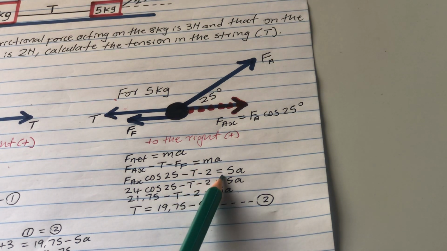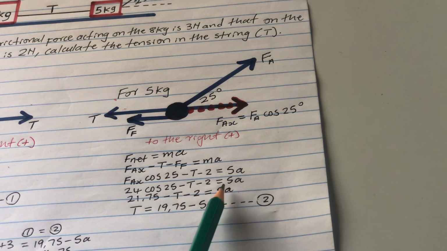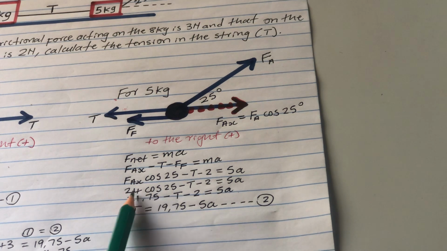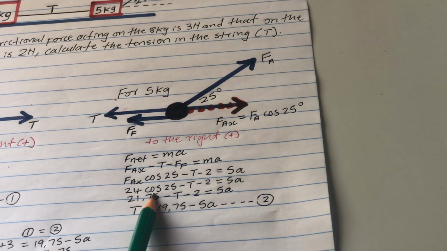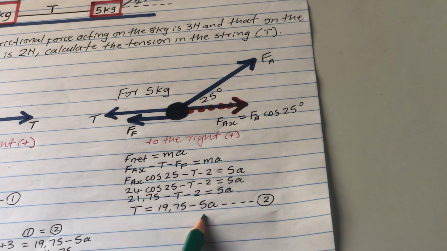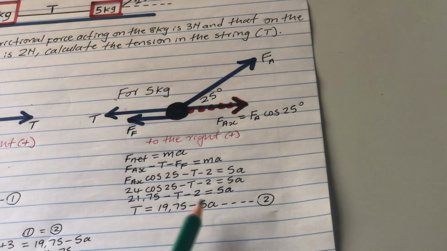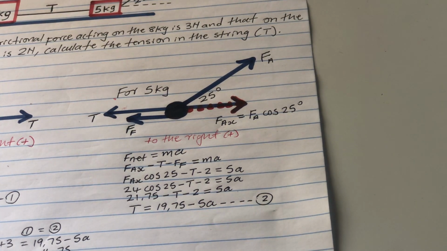My mass is 5 times A. Then we use the calculator here. It will be 24 cos 25 minus T minus 2 equals 5A. Then we make T the subject of the formula. At the end, we have T equals 19,75 minus 5A. Even here, I have 2 variables. So I'll make it equation 2.